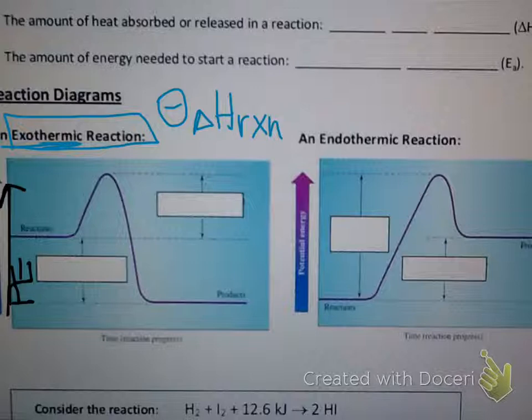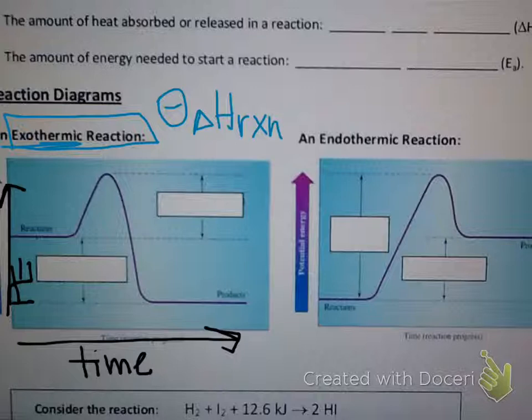Now on the x-axis here, we have time. This can be picoseconds, like electron transfer reactions, that's 10 to the negative 12th. It could be seconds, reactions between two different chemicals, maybe a single replacement reaction.